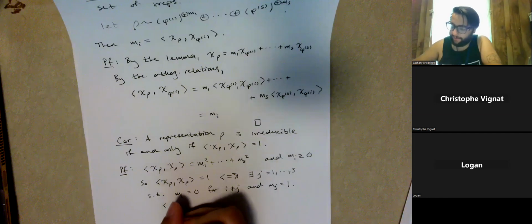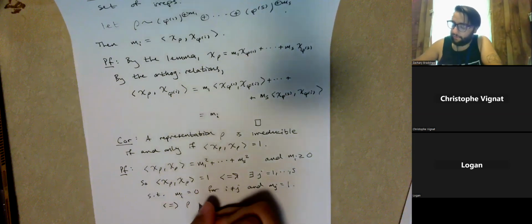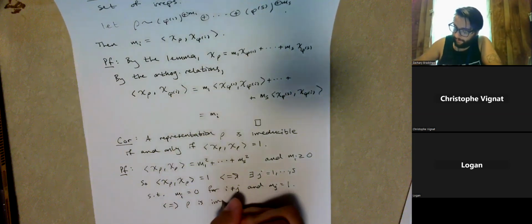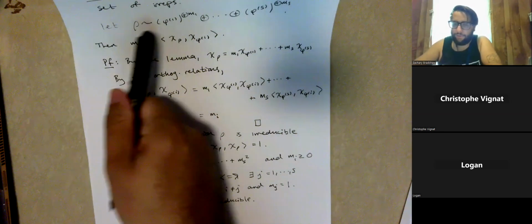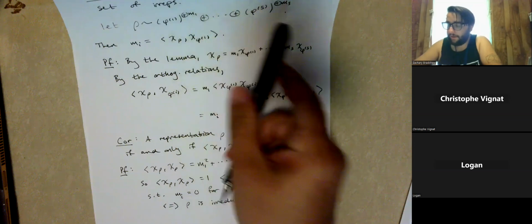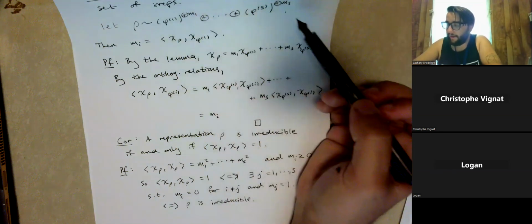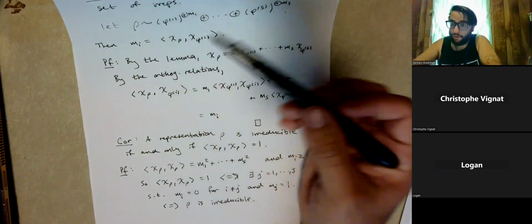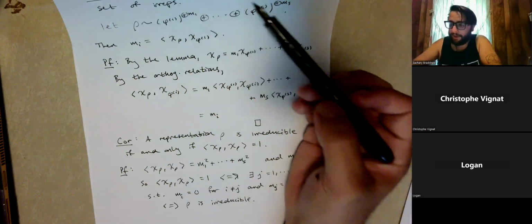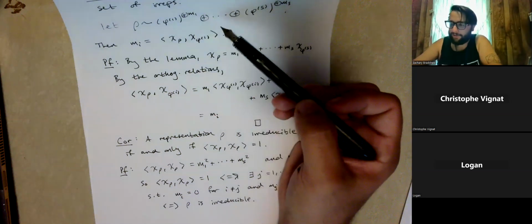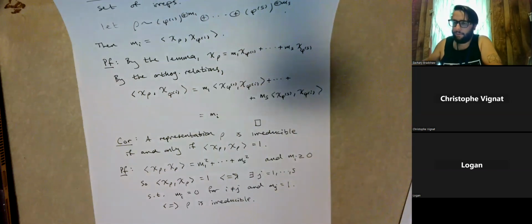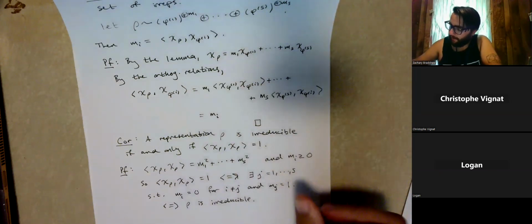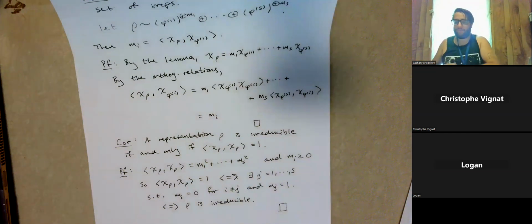And that's just the same as saying that rho is irreducible. Right, because we broke rho down into a direct sum of the constituents. If all of these m_i's are 0 except for one of them, which is equal to 1, well, then rho is just equivalent to a single irreducible representation. Right? And so rho is irreducible. And that completes the proof.